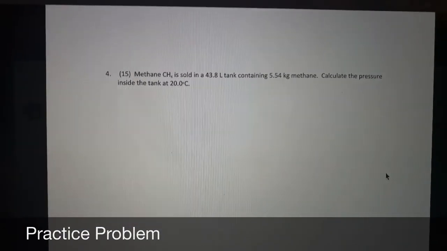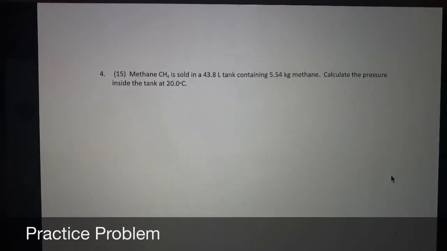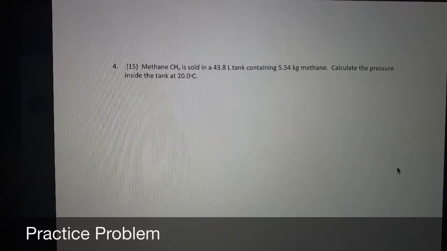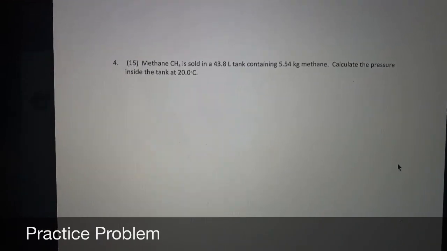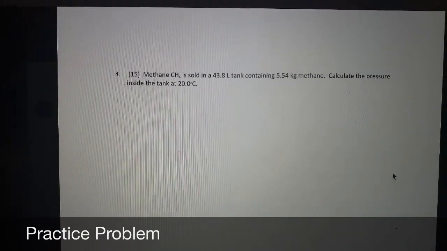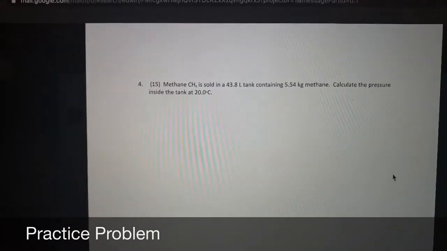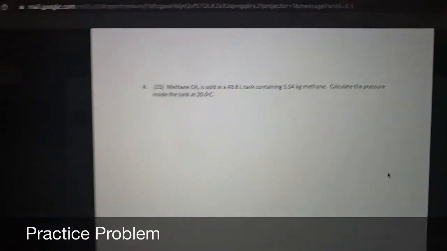So in this question, number 4, it says methane, which is CH4, is sold in a 43.8 liter tank containing 5.54 kilograms of methane. Calculate the pressure inside the tank at 20 degrees Celsius. There are two things that I can already tell need to be changed immediately.